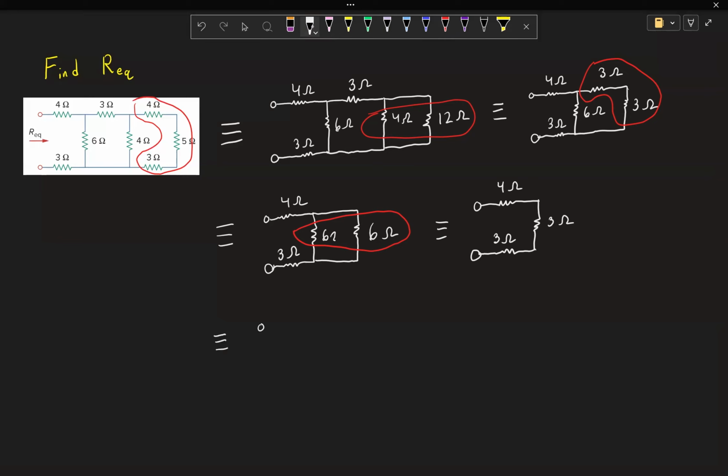These three resistors are all in series, so we can just combine them into one. Four plus 3 is 7, plus 3 is 10. 10 ohm. So that means Req equals 10 ohms.